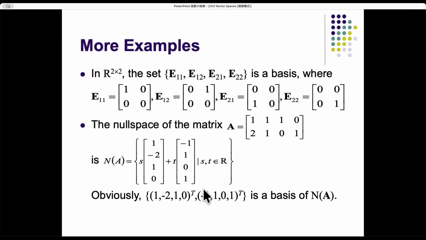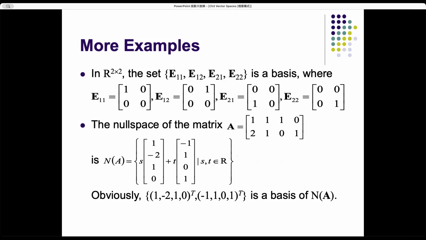Okay. So another easy choice is R2 by 2, the vector space formed by 2 by 2 matrices. The set E11, E12, E21, E22 is a basis.